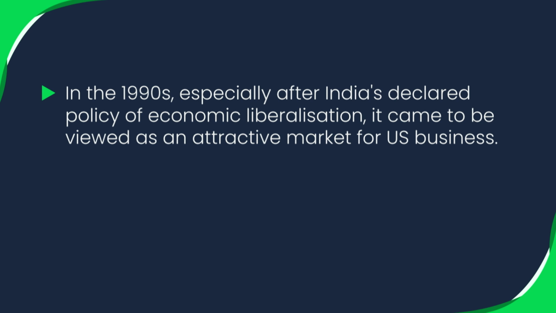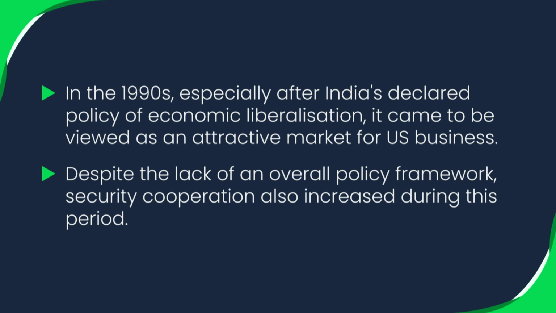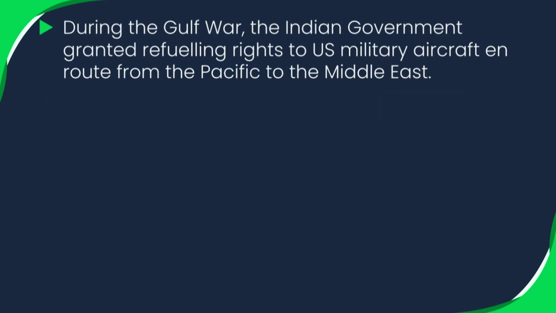In the 1990s, especially after India's declared policy of economic liberalization, it came to be viewed as an attractive market for US business. Despite the lack of an overall policy framework, security cooperation also increased during this period. During the Gulf War, the Indian government granted refueling rights to US military aircraft en route from the Pacific to the Middle East.